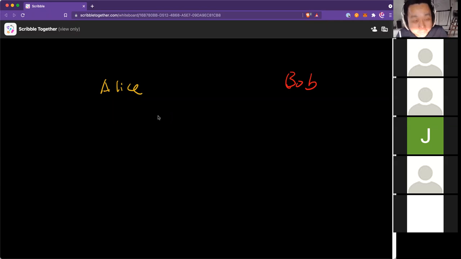This is the invariant that this scheme needs to have. First, Bob and Alice know the shared secret, but Bob and Alice shouldn't know any secret that the other has. So the idea here is that they want to have a shared secret.